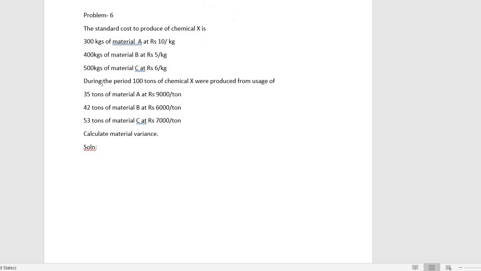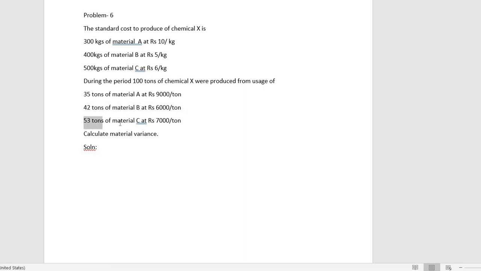Now we'll see, during the period 100 tons of chemical X were produced. So during that period actually 100 tons of chemical X were produced from the usage of 35 tons of material A at rupees 9,000 per ton, 42 tons of material B at rupees 6,000 per ton.